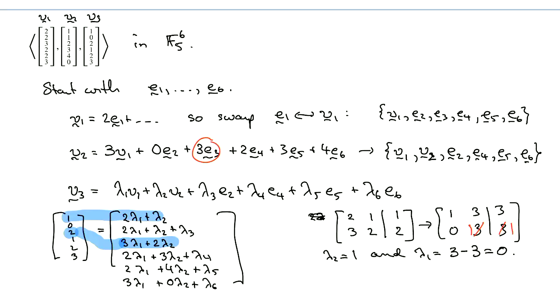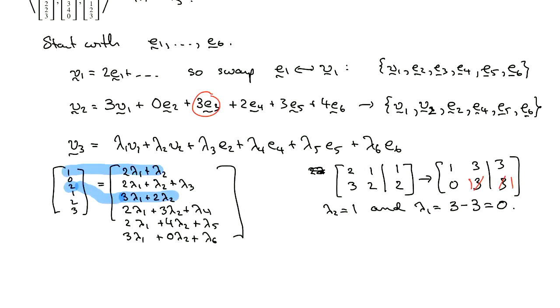Is that really right? Lambda 2 is just 1. Oh yeah, I could have seen that in my head. So now I've probably done something really slow here. So then we work out everything else. Lambda 3 equals 2 minus 2 lambda 1, which is 0.